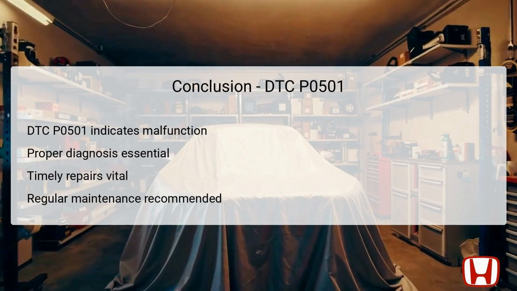Timely repairs can prevent unnecessary risks associated with improper vehicle performance and can save costs related to extensive damage down the line. Regular maintenance checks not only ensure that the system operates smoothly, but also extend the life of critical components within the vehicle's drivetrain. Being proactive about diagnosing and addressing this DTC will lead to better overall vehicle safety and performance.